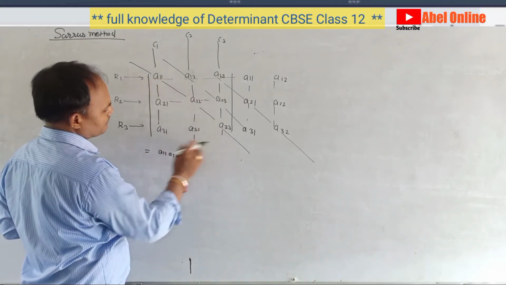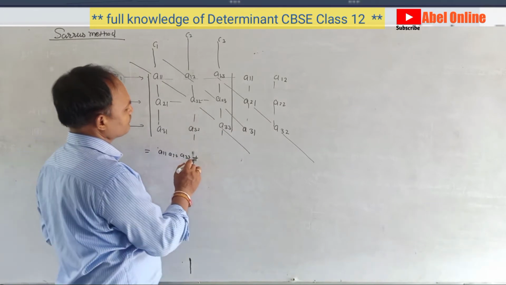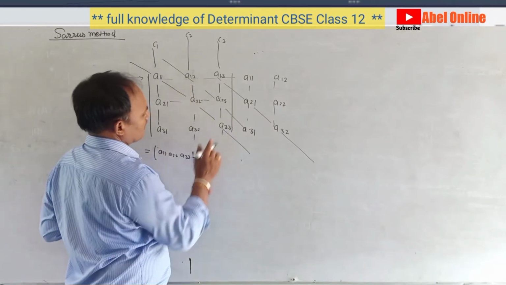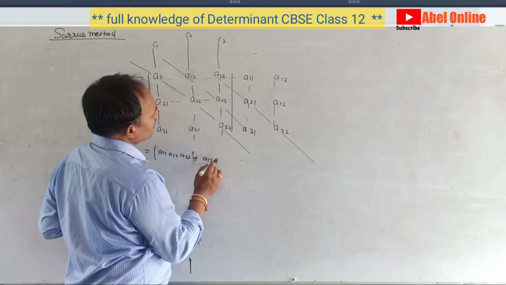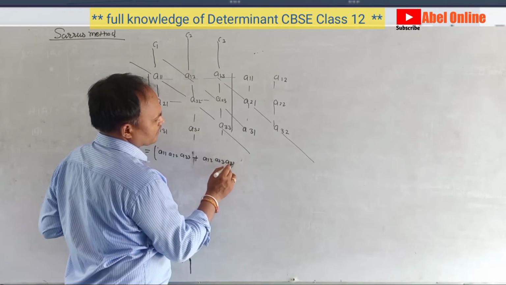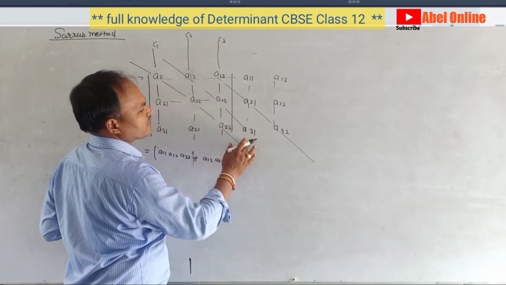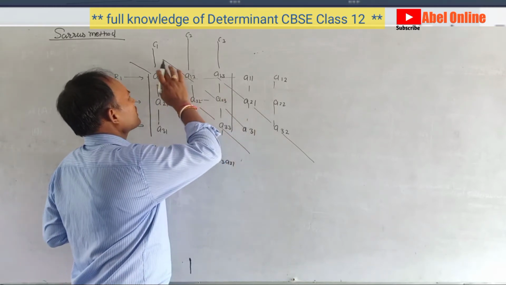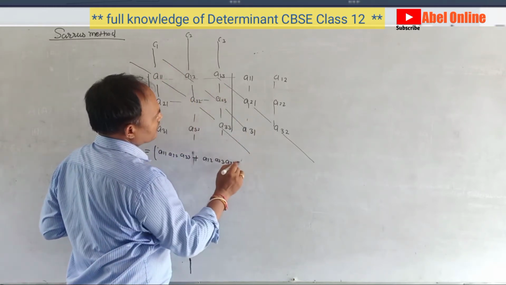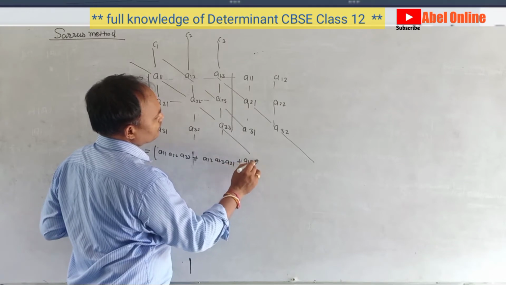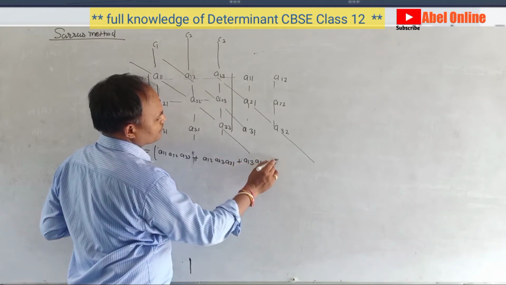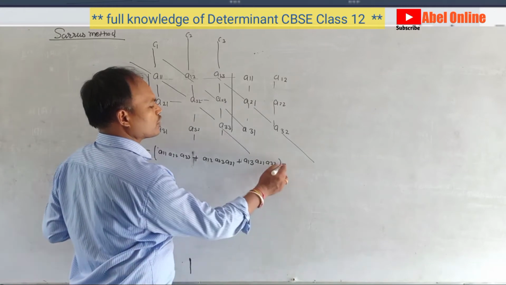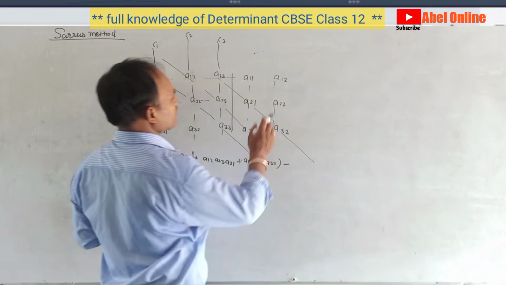Just multiply them, plus A12, A23 and A31. This is the second line. The third line starts from the first element, so the third one is A13, A21, A32. Now just do the opposite, starting from here.